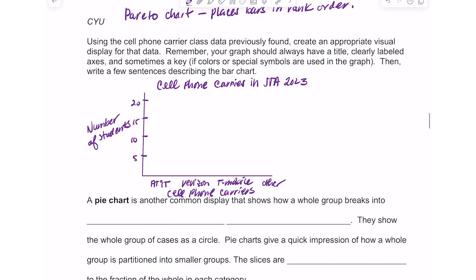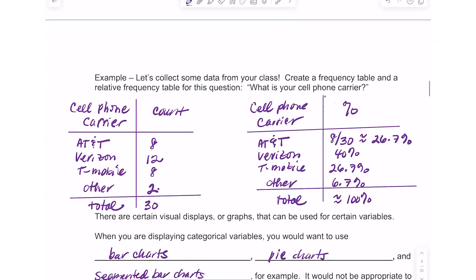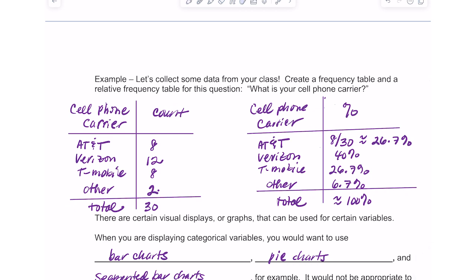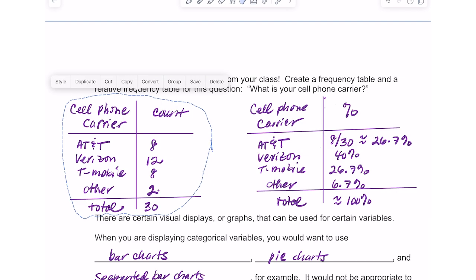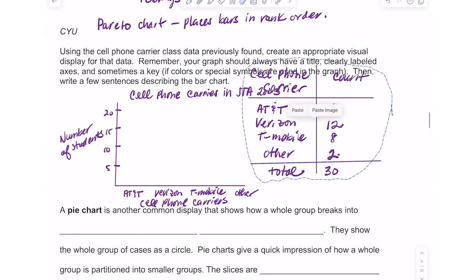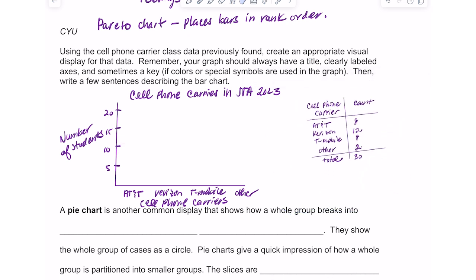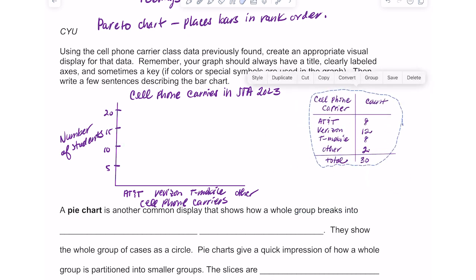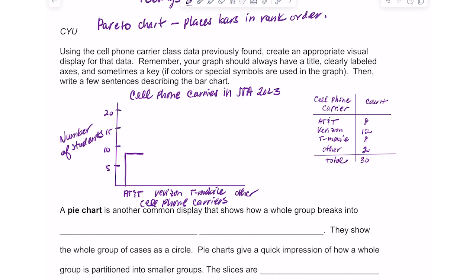Okay. Now, if I go to my table here, let me see if I can copy and paste it so that we have it down there. There we go. Okay, and I'll just shrink it down. So now we can just look at it. So AT&T was 8. And Verizon is 12.